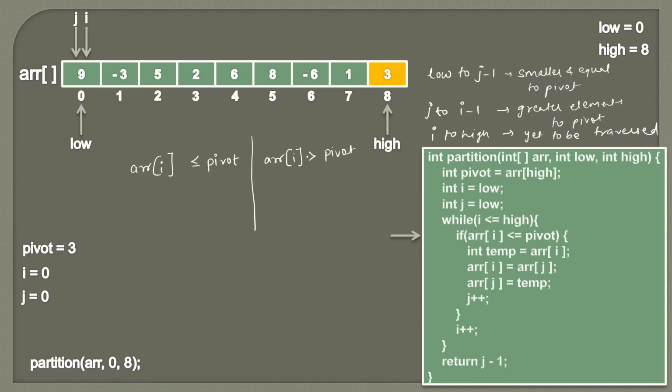So if array of i is greater than the pivot, it means whatever value we have here is actually greater than the pivot. We know that greater elements lie in the range j to i-1.